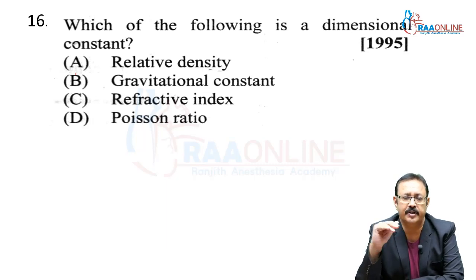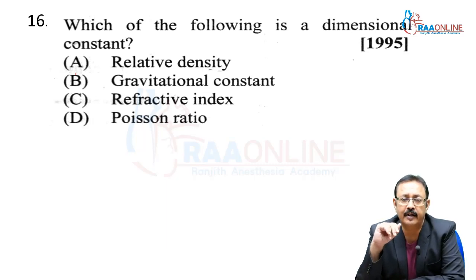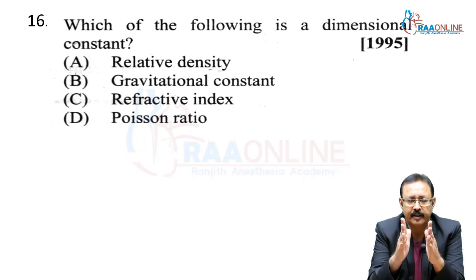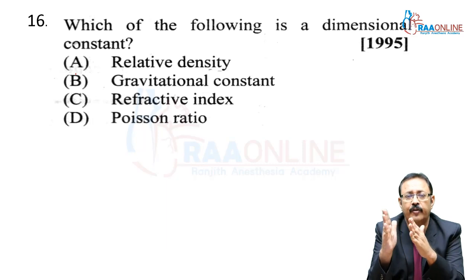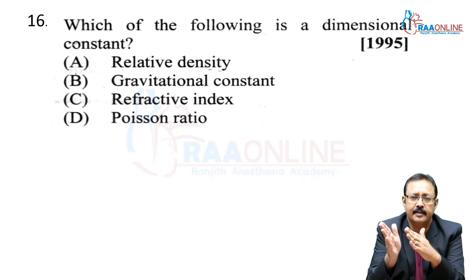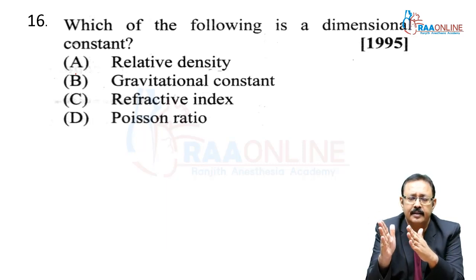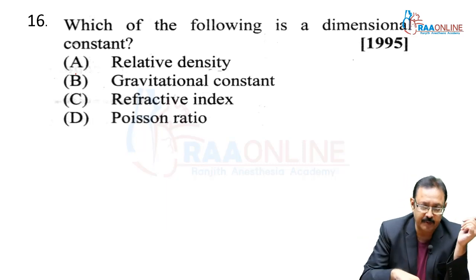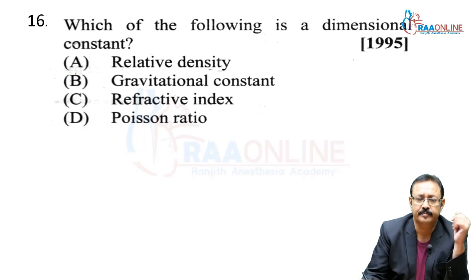Only one has dimensions. What is relative density? Density of any object divided by density of water at 4 degrees Celsius. Both are densities, so density is cancelled with density. It means it is dimensionless. So not going with this option.